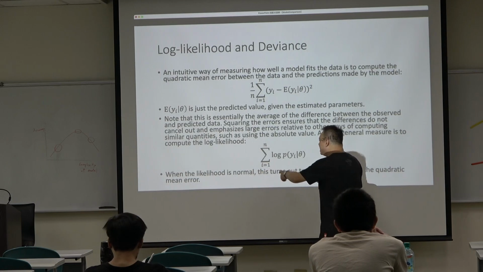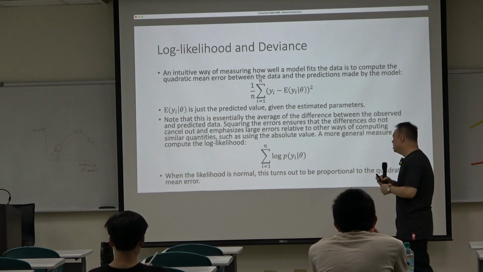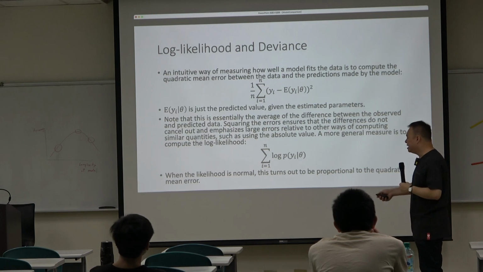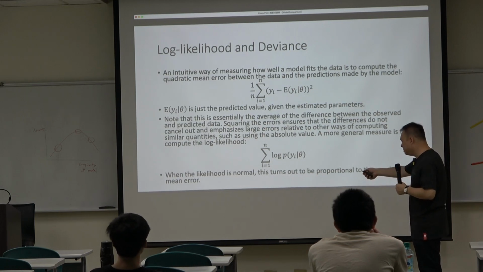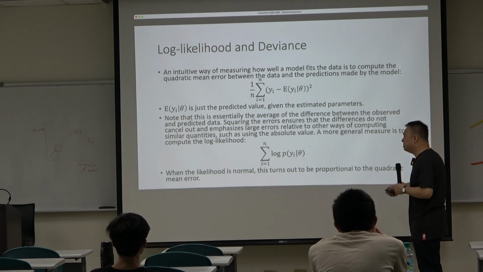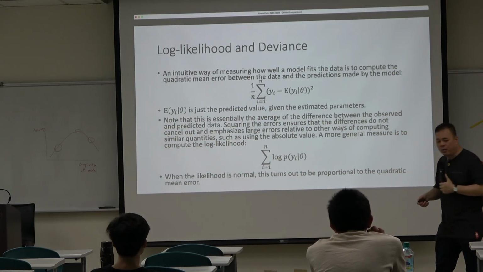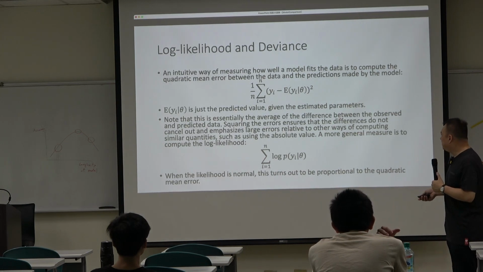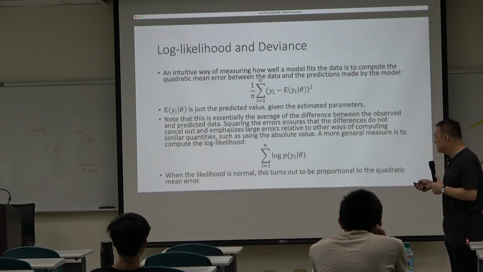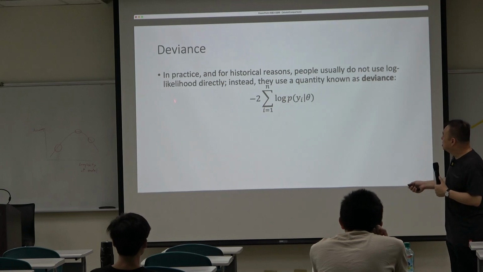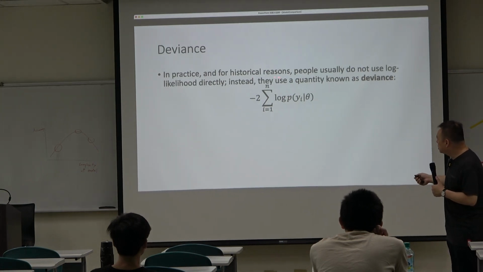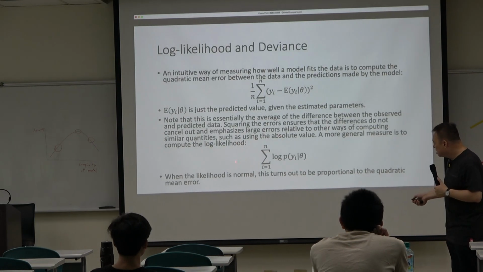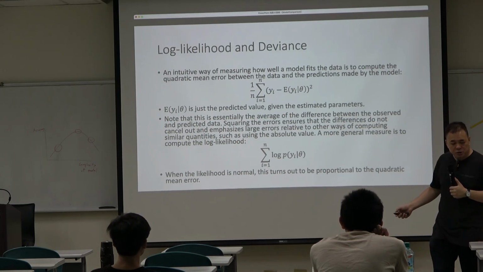So when the likelihood is normal, it turns out to be proportional to the squared error. For historical reasons, we don't use this term for model measures.